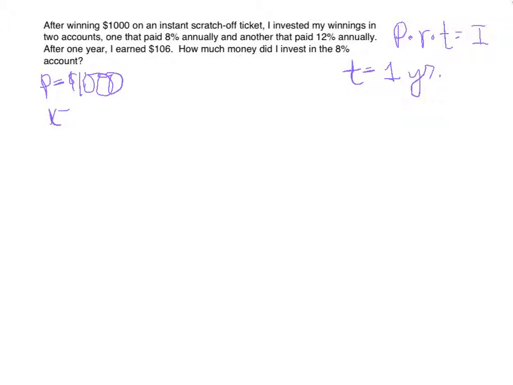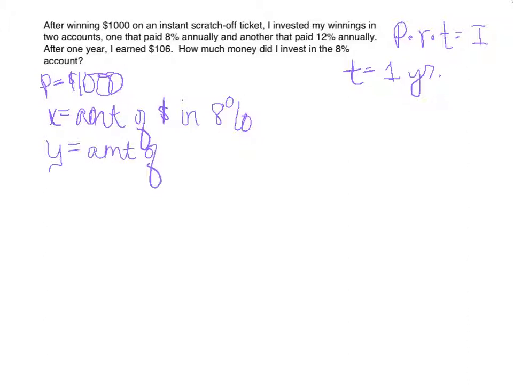An X we can define as the amount of money that was invested in the 8% account. Similarly, Y then can be the amount of money that we invest in our 12% account.